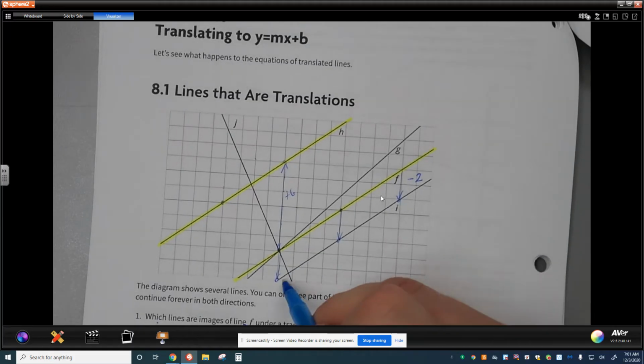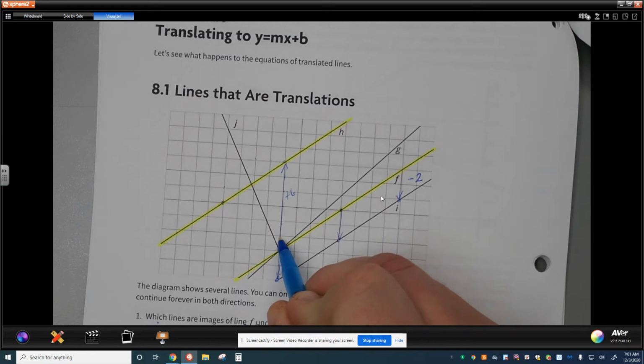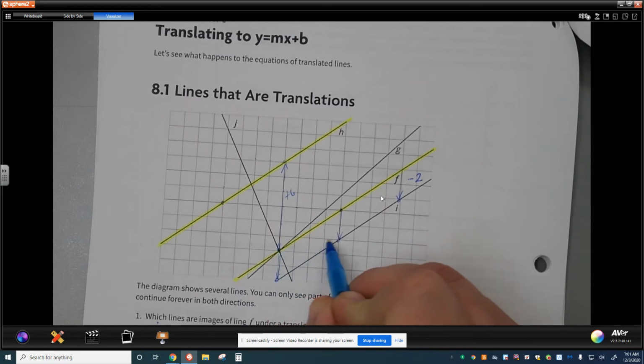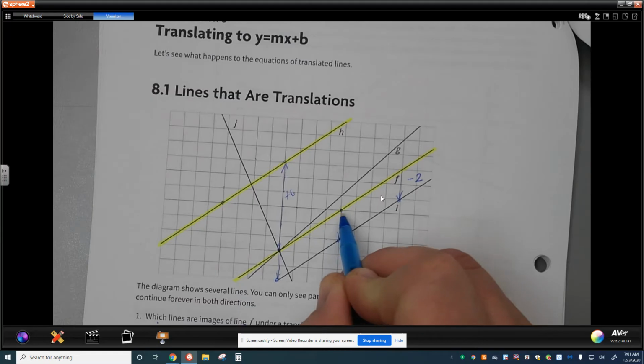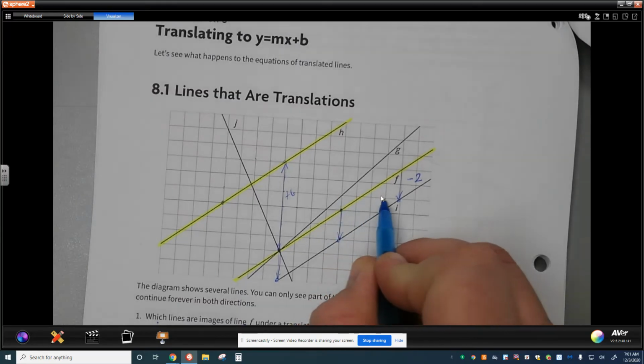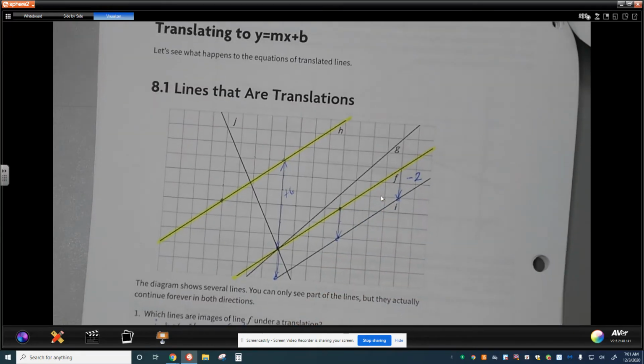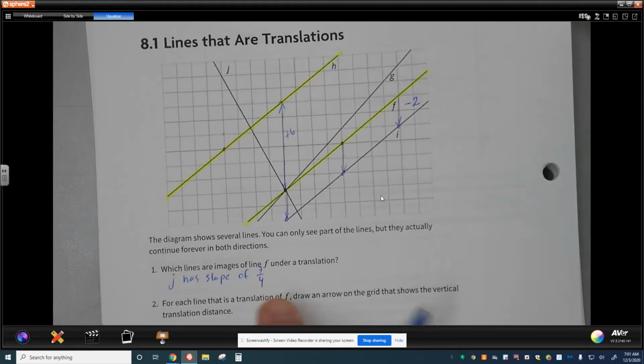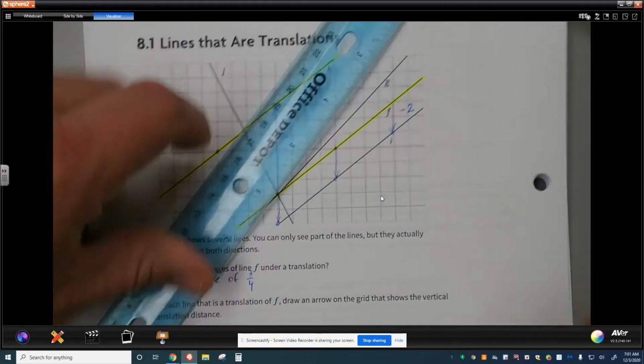Just to verify, we can take these 3 points that we found and see that we have a rise of 1, 2, 3, run of 1, 2, 3, 4. Rise 1, 2, 3, run 1, 2, 3, 4. We see that that slope of 3/4 is consistent all the way through line I.